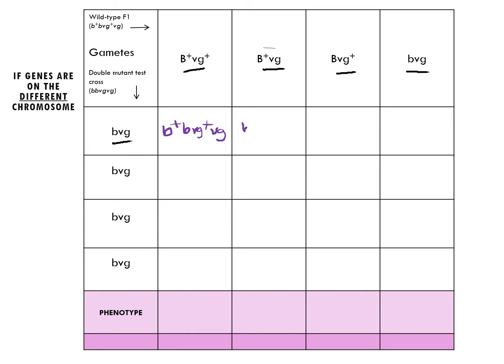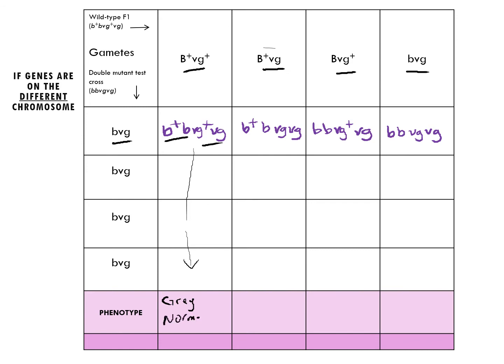So the next one, B plus B, VG, VG. Next one, B, B, VG plus VG, and then the last one, B, B, VG, VG. So if we were to assign a phenotype to each of those, this one would be gray, and it would have normal wings.